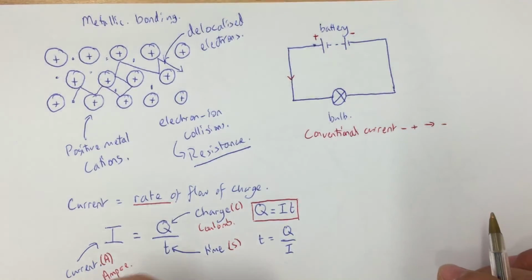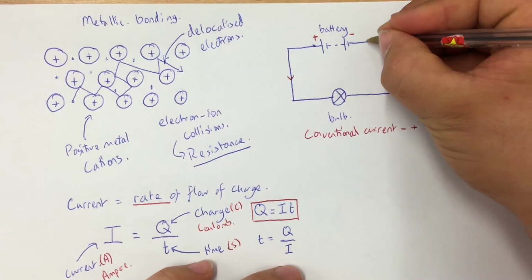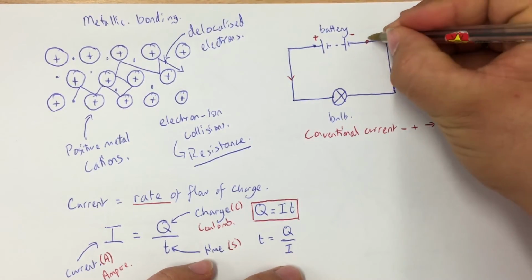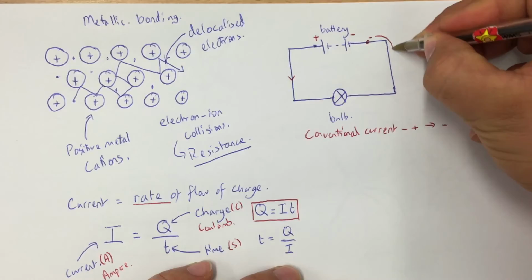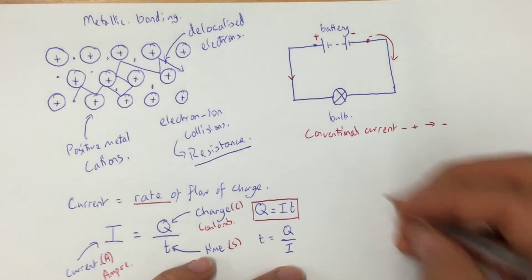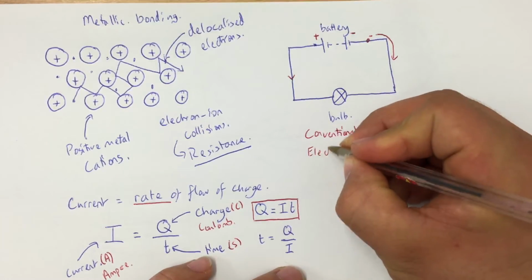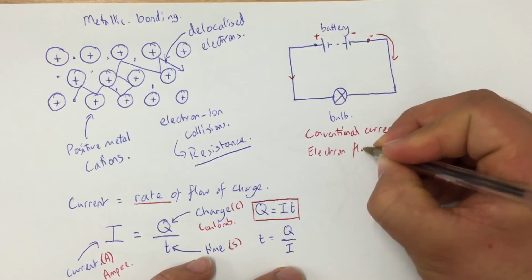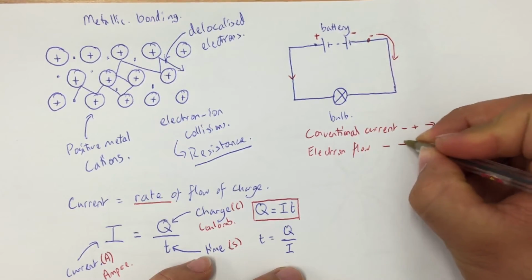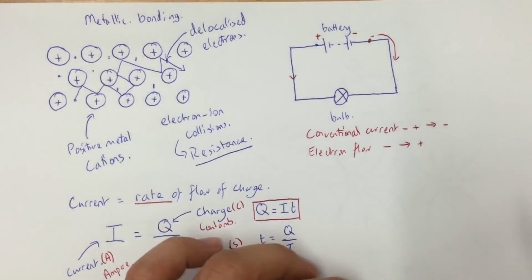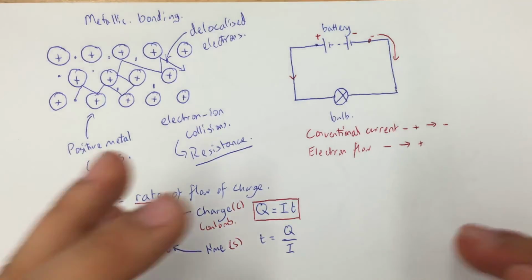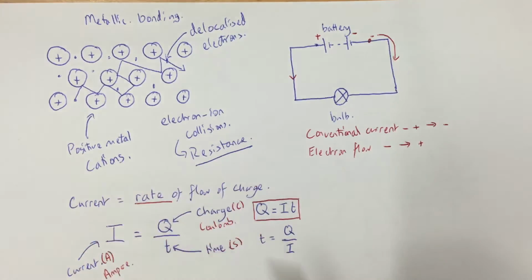That's conventional current. Now, if you think about that for a second, you'll realise that electrons are negative. So if I've got an electron here that's negative, it's going to be attracted to the positive, so it will flow in the opposite direction. So electron flow is negative to positive. We have these two conflicting ideas, but it's important you understand both.